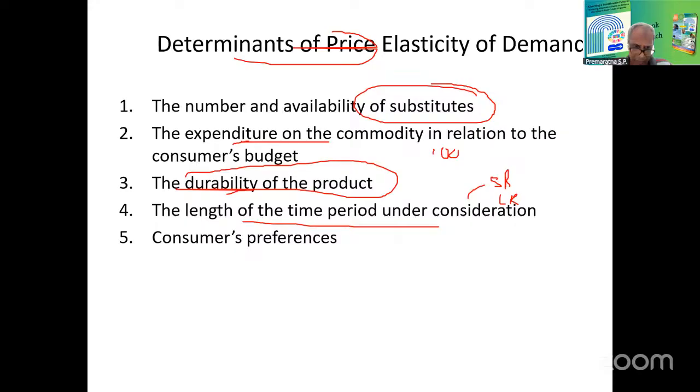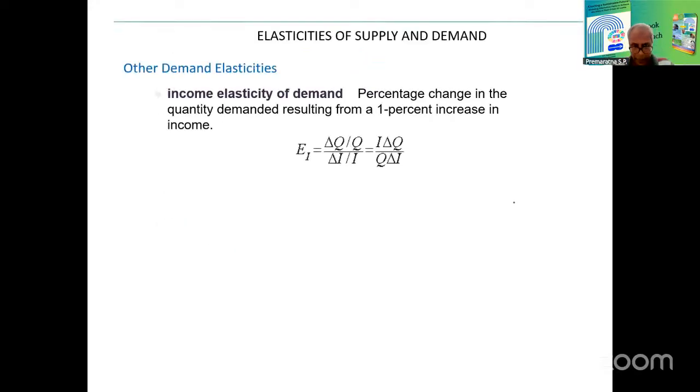But in the long term, people adjust, the reaction sensitivity is very low and demand becomes inelastic, which means in the short term usually for many goods, if you measure, it is more elastic, greater than one, and in the long term less than one. And also finally, consumer preference. So those are the determinants.